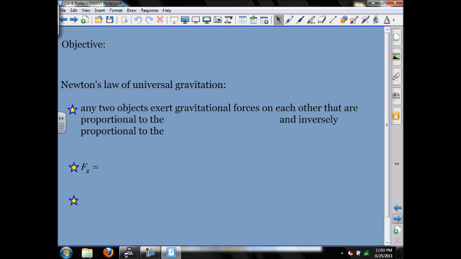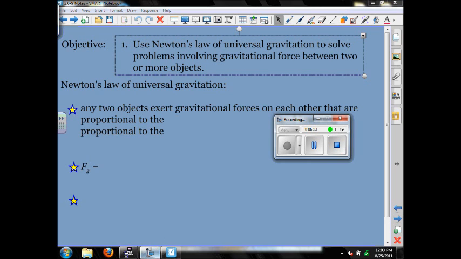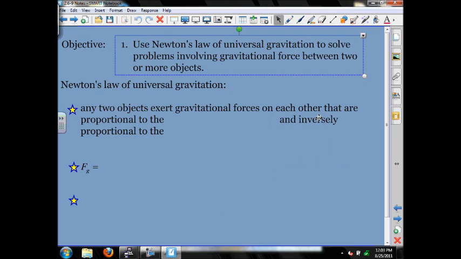All right, so first of all, Newton's law of universal gravitation. Everything has gravity pulling against them.